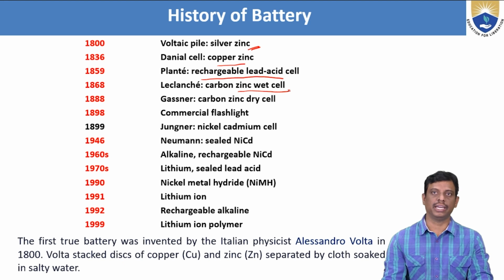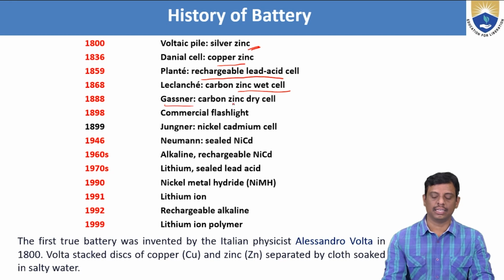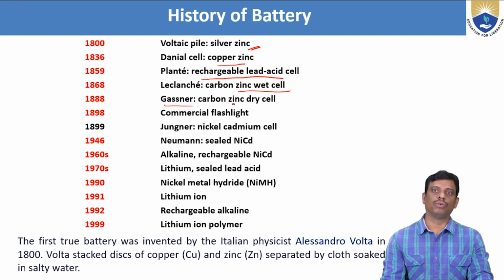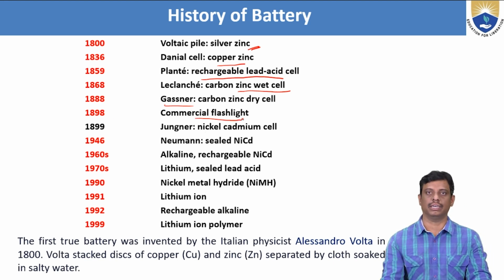That's the reason we call it a Leclanche battery. That is called a dry battery. In 1888, Gassner studied especially carbon zinc dry cells, dry batteries. And in 1898, the commercial flashlight was invented.